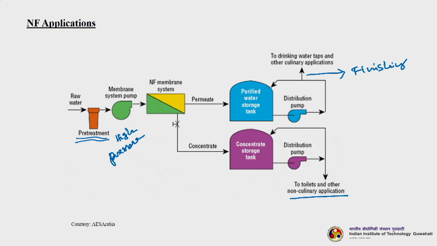Even for use in toilets, many of the big hotels, star hotels, have now adopted this technology, and you will see this in the washroom. Many times it is written, especially in your commodes, that you can see the color of the water is slightly greyish or a little yellowish, because this is treated water.